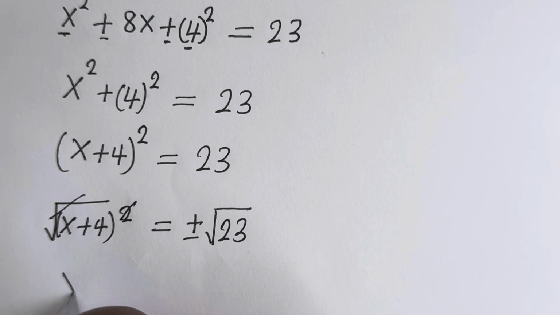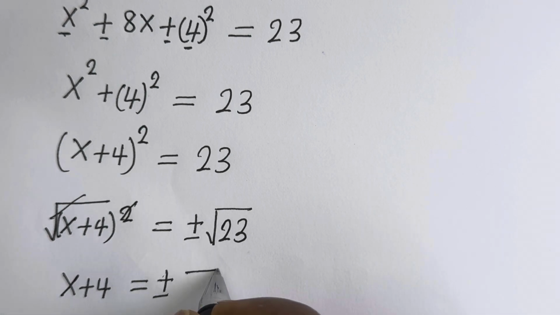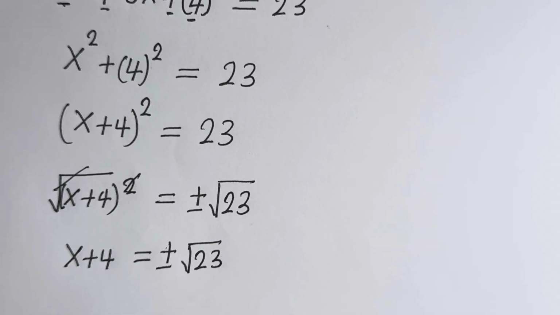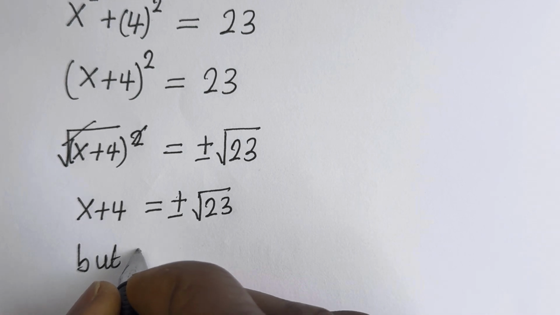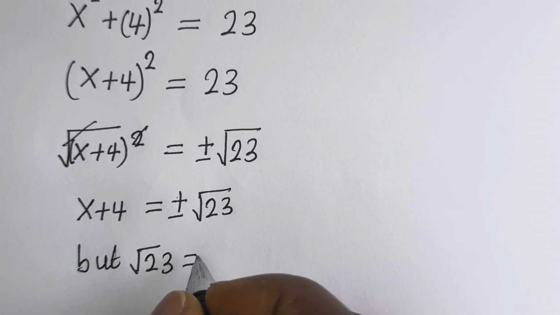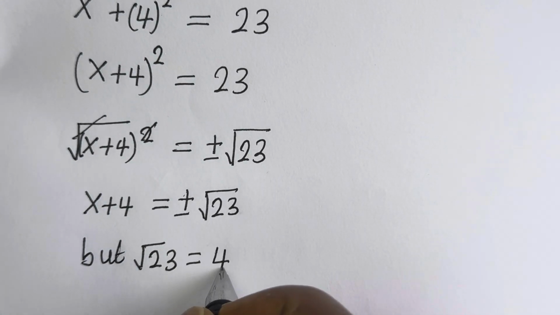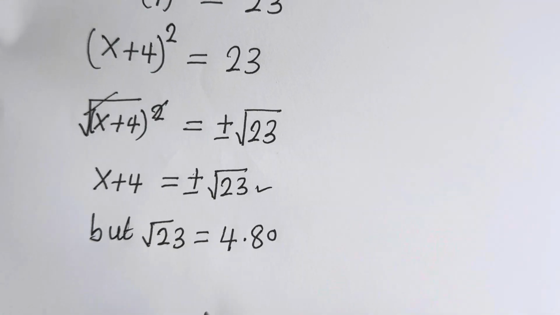Here is s plus 4 is equal to plus or minus square root of 23. But square root of 23 is equal to 4.80.